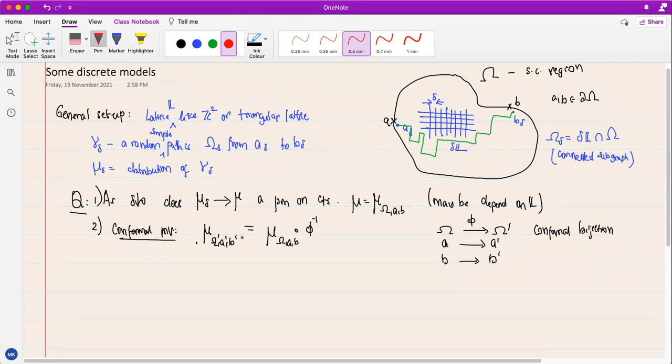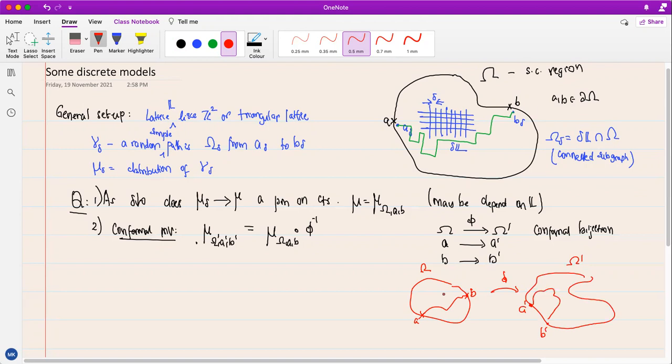Then the claim is that in the limit, if I take this continuous random trajectory in omega, gamma, distributed according to mu omega AB, and map it by phi, then here is omega dash, with A dash here and B dash here.